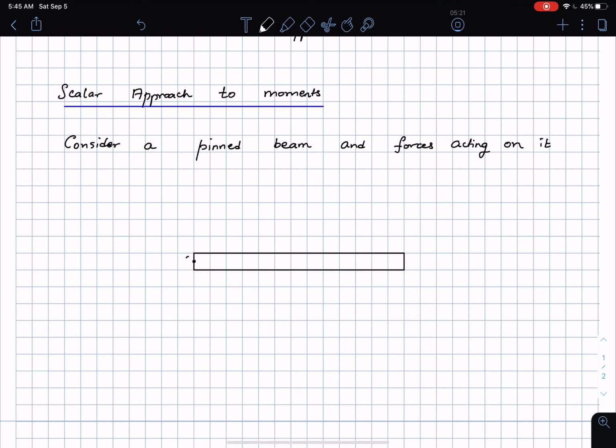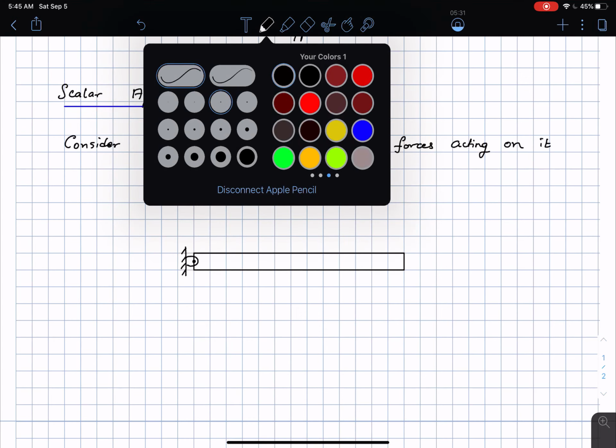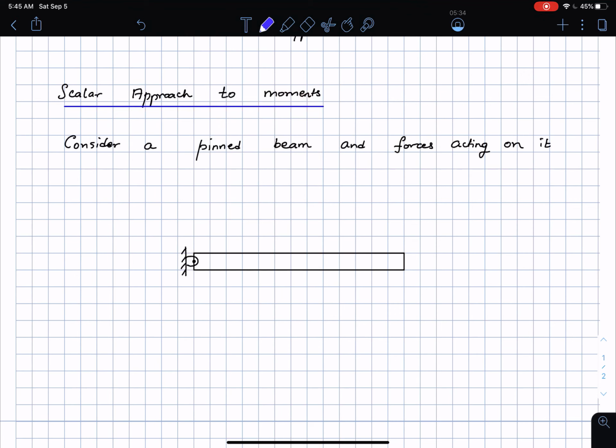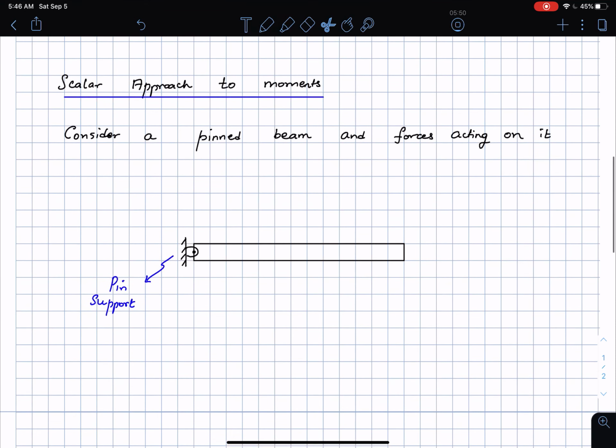There is something called a pin support, and you will come across this later on when we look at rigid bodies. The weight of the beam is also fairly negligible.